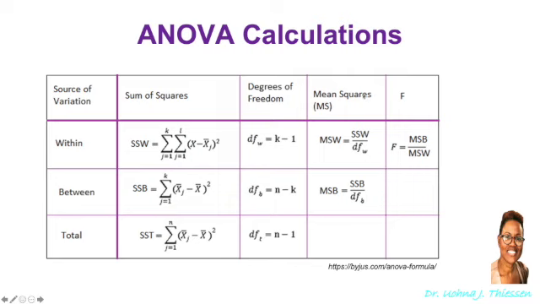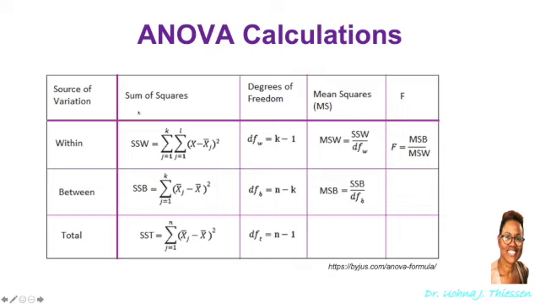So first we need the mean square for each of those, and that is calculated by dividing the sum of squares by the degrees of freedom. And the degrees of freedom is a way of representing the error that is contributed for each component that the group is made up of, right?